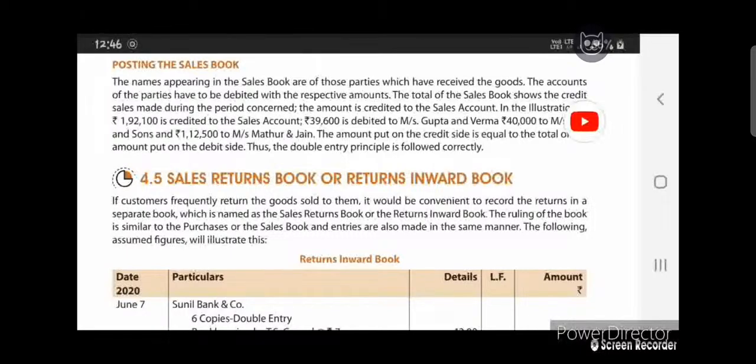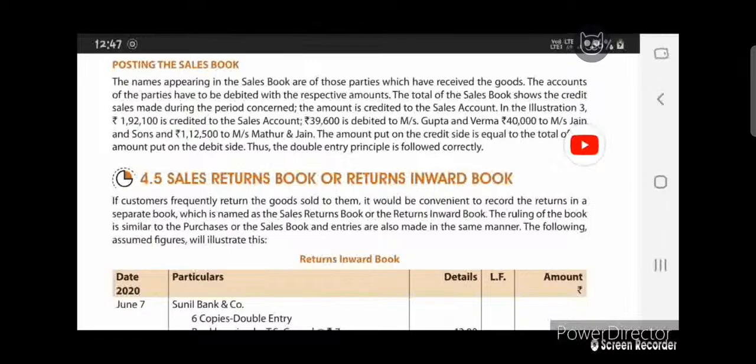The total of the sales book shows the credit sales made during the period concerned, and the amount is credited to the sales account. In the illustration, 1,92,000 is credited to the sales account.